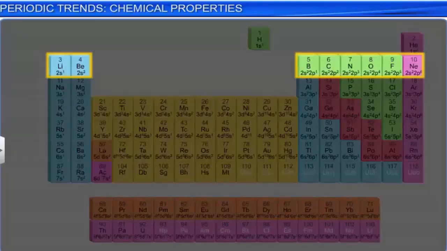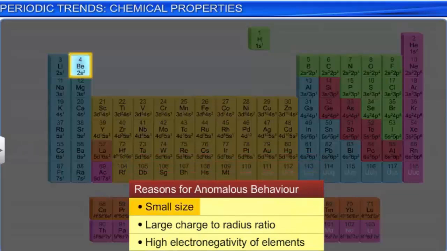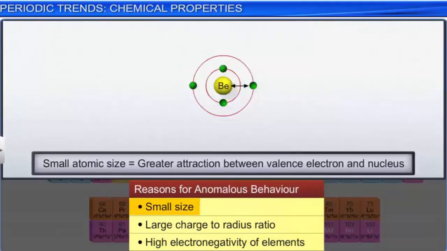This anomalous behavior of second period elements is because of three main reasons. 1. Small size. 2. Large charge to radius ratio. And 3. High electronegativity of elements. Small size means greater attraction between the nucleus and the valence shell electrons.